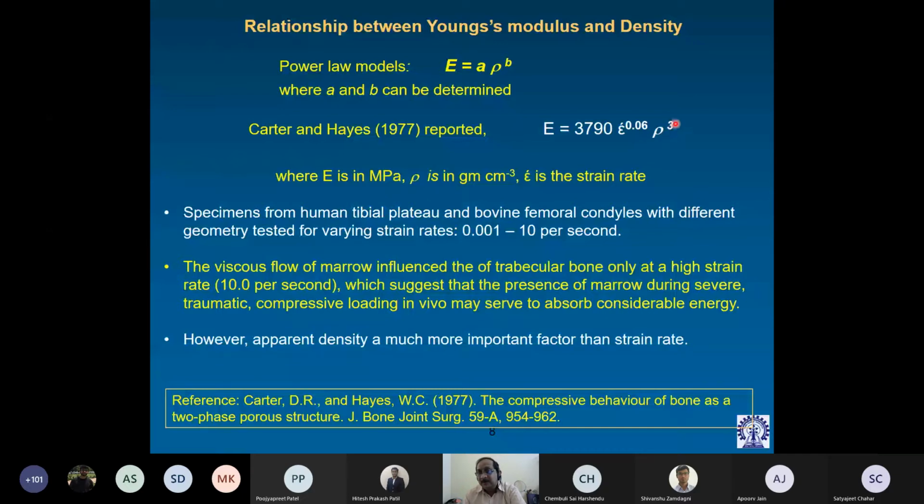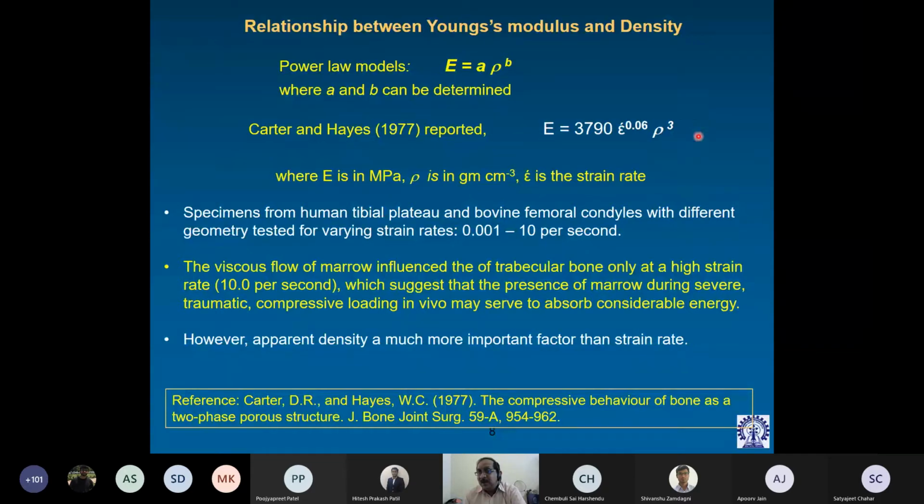Okay, basically it is rho cube. So we have an exponent of 3 and we have a constant of 3790. Now you can observe that E is expressed in MPa, megapascal, and rho is expressed in grams per centimeter cube. Okay. Now these two dimensionally don't match because on one side you have MPa, the other side you have grams per cc.